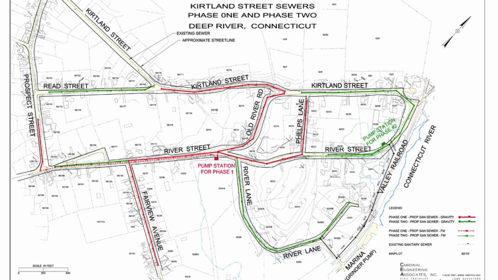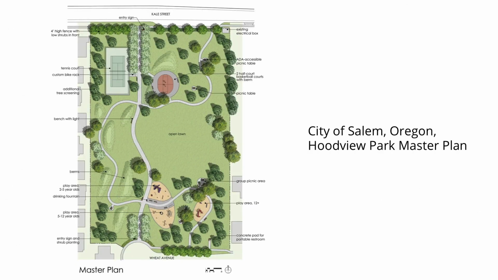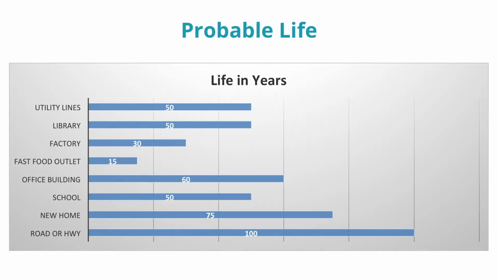Those are part of the physical future of the community. Here we have a plan for a particular park in Salem, Oregon. Well, certainly the parks plan is part of the physical future of the community, as well as trails plans, pedestrian linkages, and all sorts of things like that, as well as private land use.